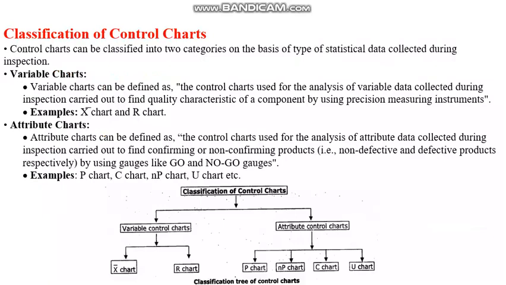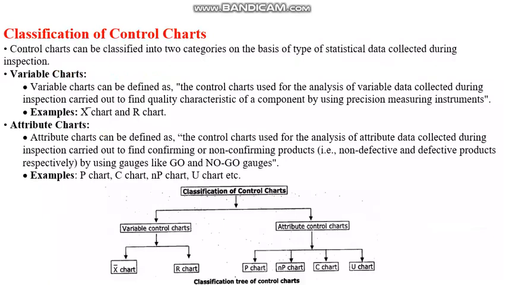So one is variable chart, the other is attribute charts. On the basis of a type of statistical data, you can classify it into these two broad categories, variable charts and attributes. What variables and attributes are, we have seen in the previous lecture.